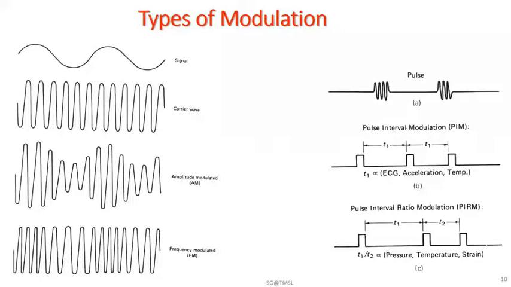It is used in standard radio broadcast stations and video signal for TV, and it is more susceptible to natural and man-made electrical interference because the interferences generally appear as variations in the amplitude of the signals.